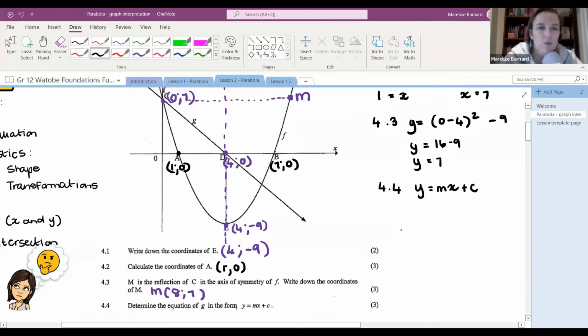Well done, everybody. Good. Just check your gradients. Those of you who are giving positive gradients, just make sure that that is right.